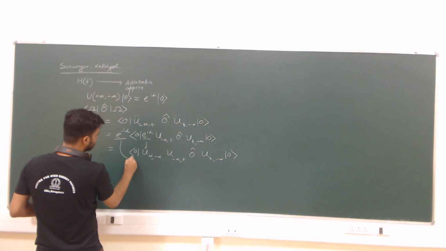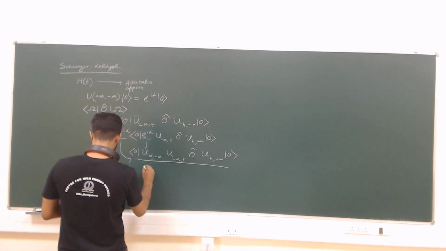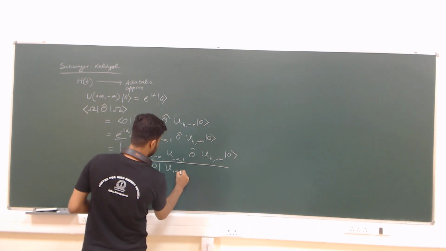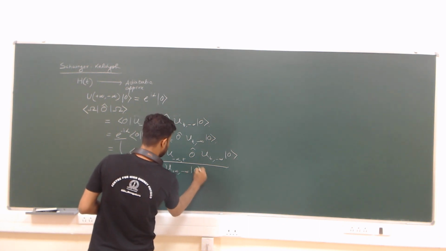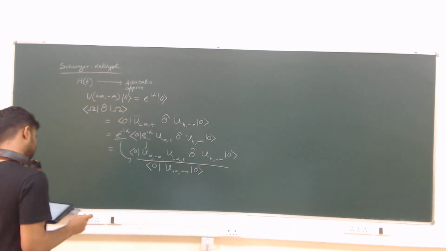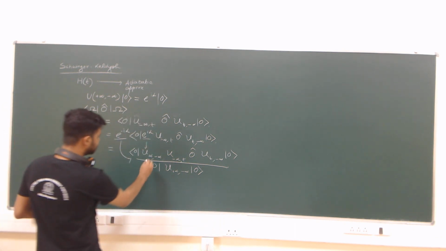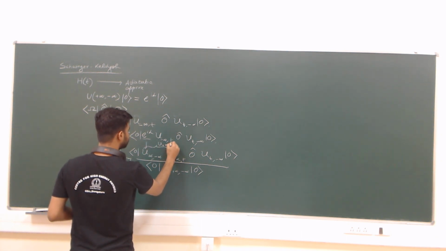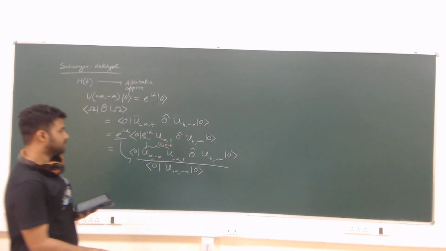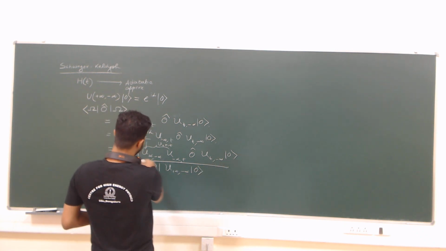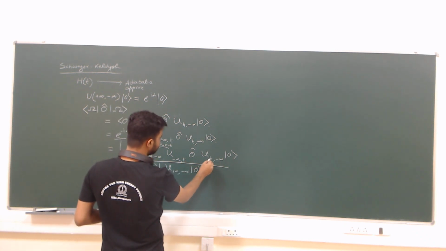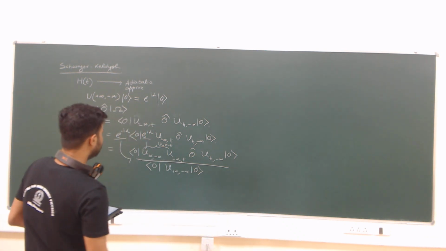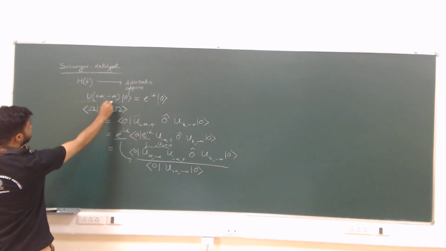This part goes here in the denominator. So the full evolution in the numerator is minus infinity to t, operator insertion, and then t to plus infinity. But this is again valid for this adiabatic approximation case.